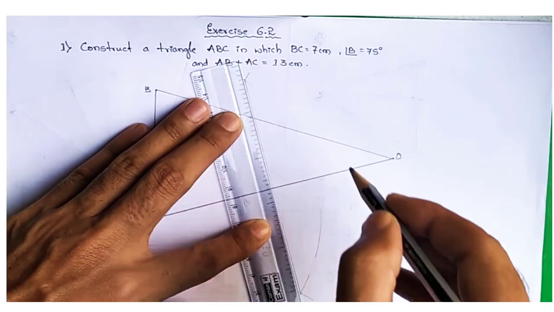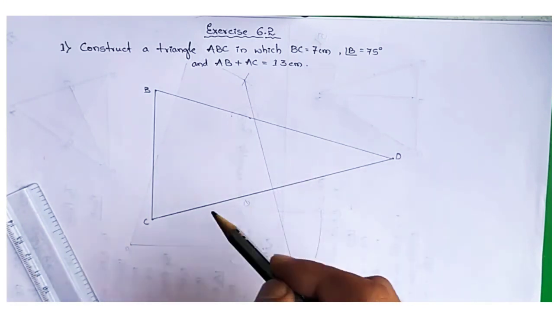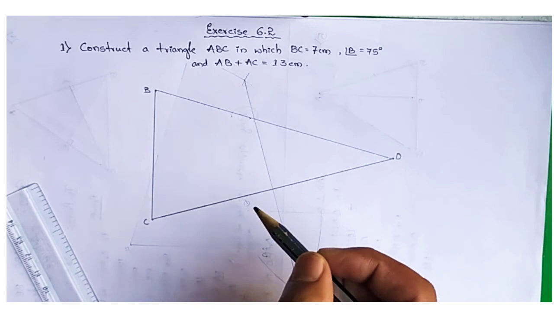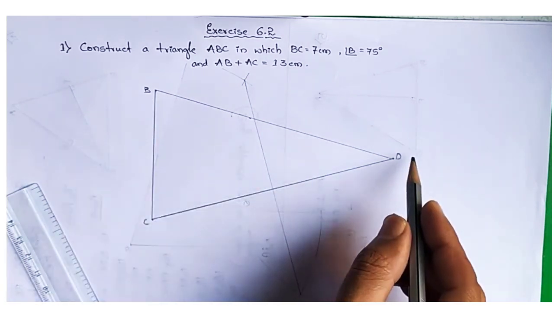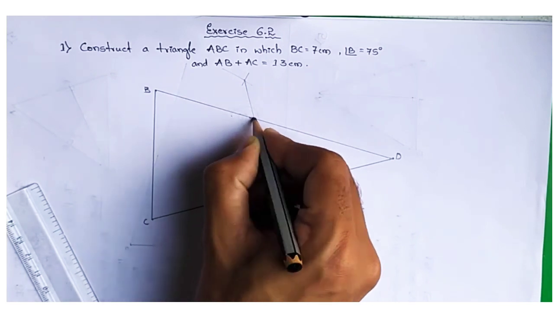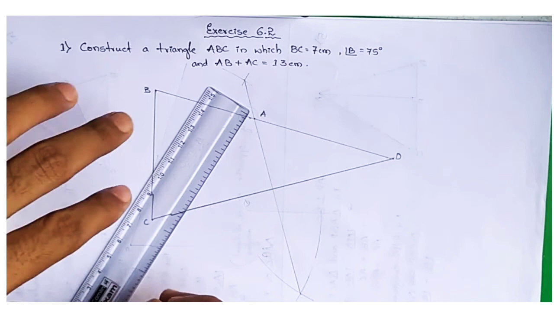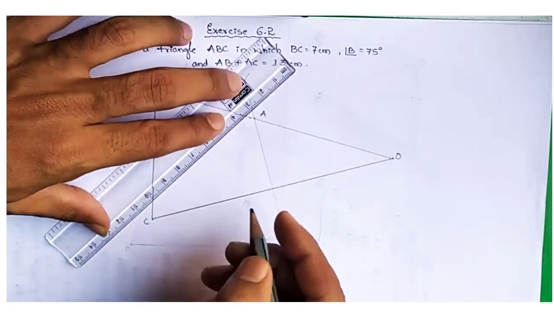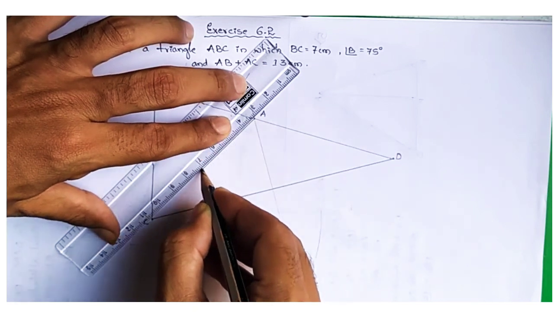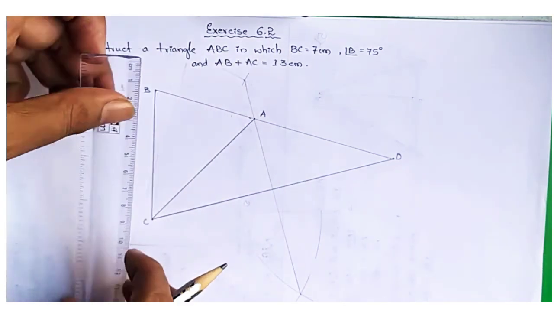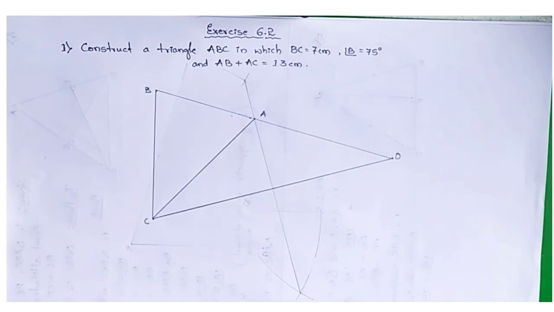While joining these 2 points, the perpendicular bisector will divide BD, so that point will be our A. Now join AC. So our required triangle ABC, we have now got it.